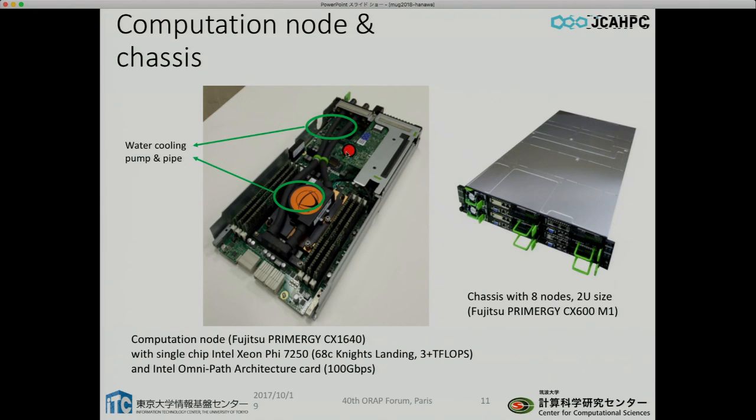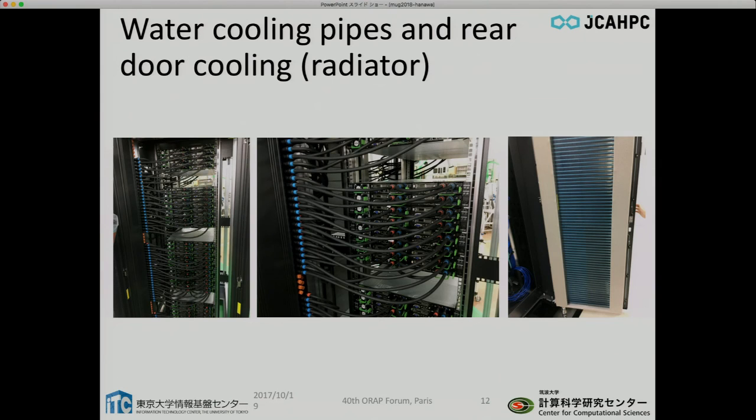Here is also the Intel Omni-Path HFI. This photo shows the water cooling system. We have a rear door cooling system for each compute rack, because memories and regulators for the power conversion have to be cooled by air, so we need this kind of cooling system.